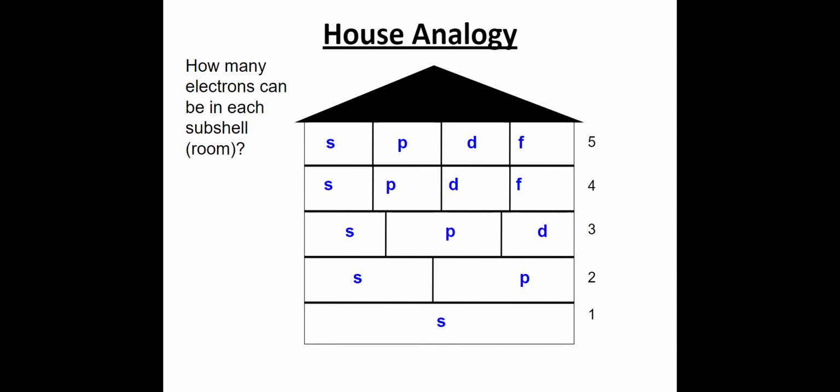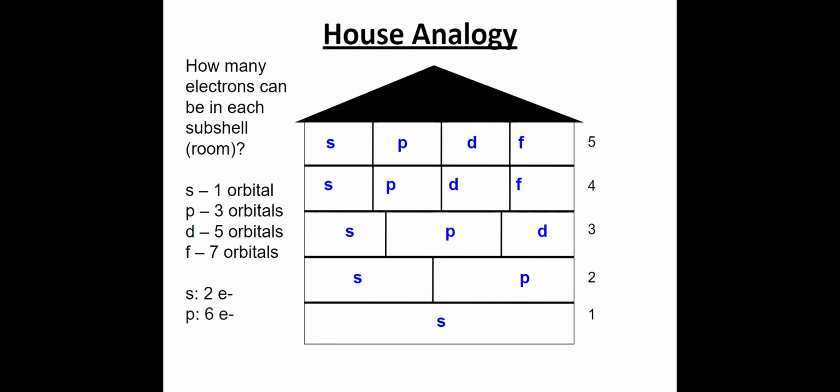So how many electrons can you put into the S subshell? The answer is it has 1 orbital. Each orbital can hold 2 electrons. So therefore, you do the math. The S subshell can hold 2 electrons. The P subshell can hold, yes, 6 electrons.